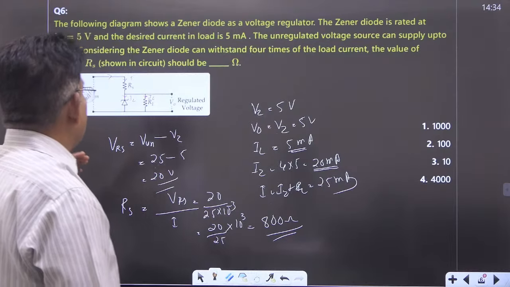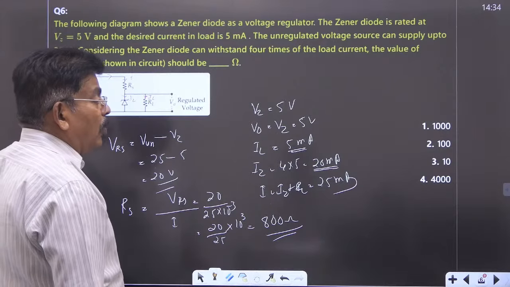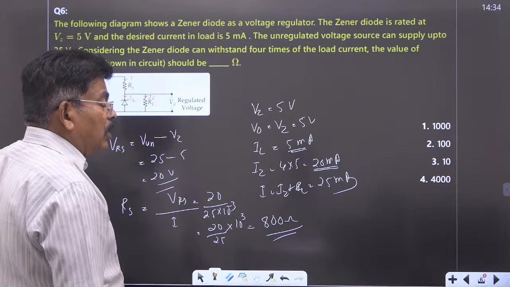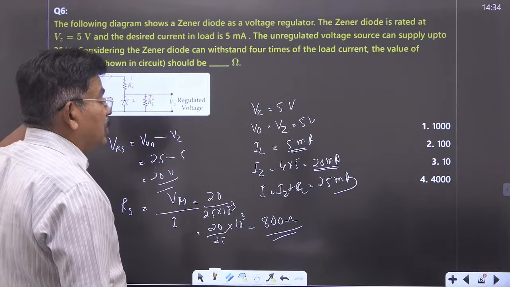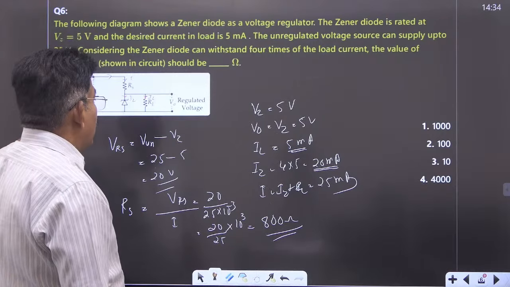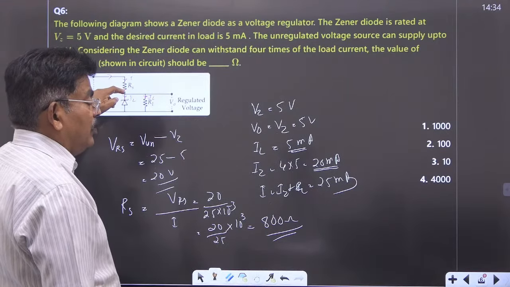Now, one thing, unregulated voltage can vary. If unregulated voltage changes to say some 30 volts, accordingly the voltage across series resistor will be changing.